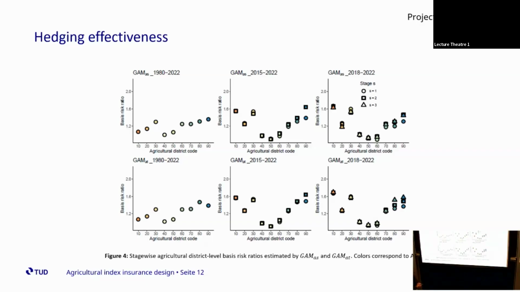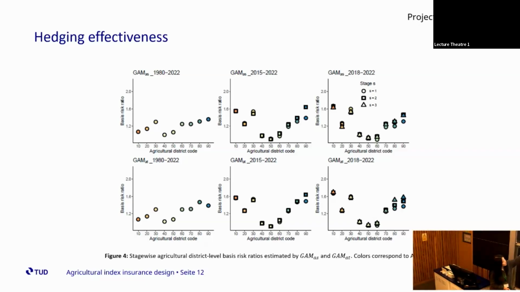And we split the whole 102 counties in Illinois into 9 agricultural districts. You could see that across stages, the shape of these points denotes the stage, and the ratio is increasing across stages, and the results also show the spatial heterogeneity.